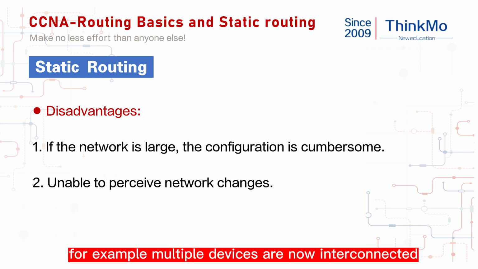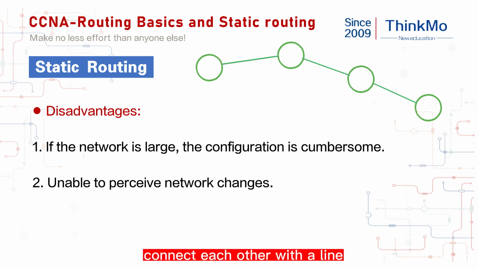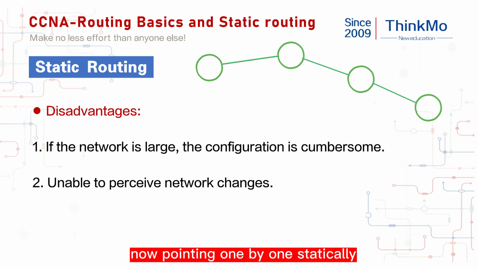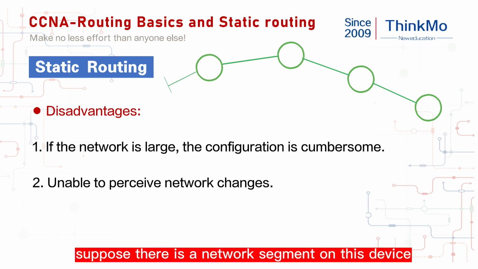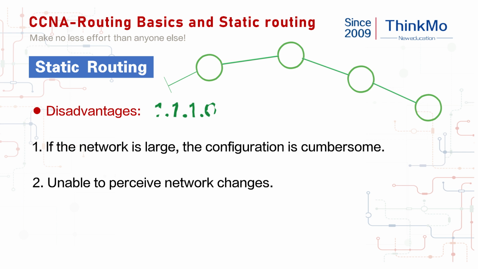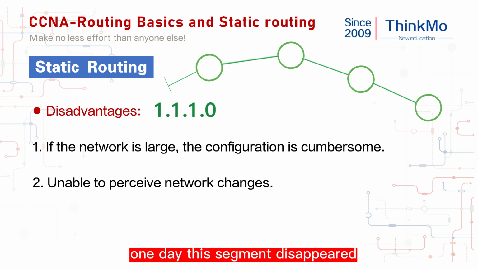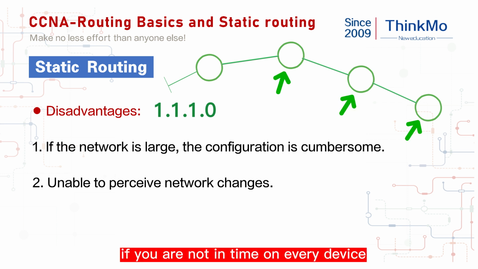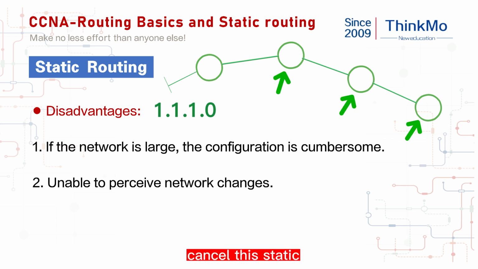For example, multiple devices are now interconnected, connected to each other with a line, now pointing one by one statically. Suppose there is a network segment on this device, 1.1.1.0. One day this segment disappeared. If you are not in time on every device, cancel this static.